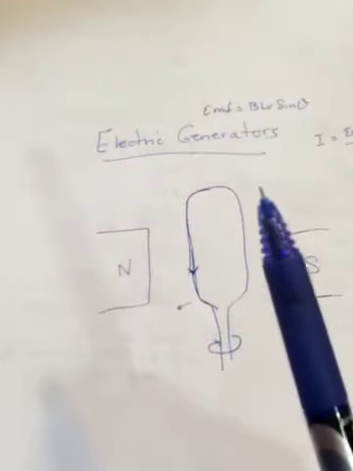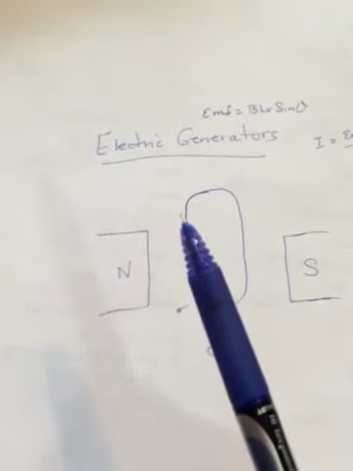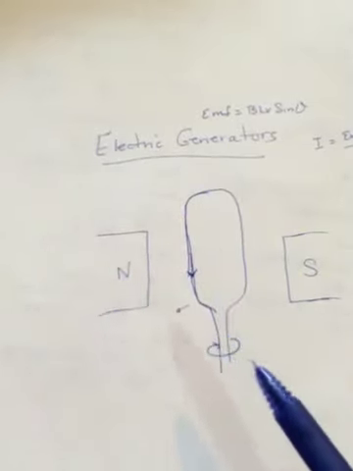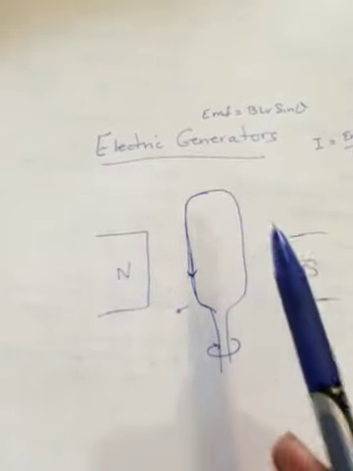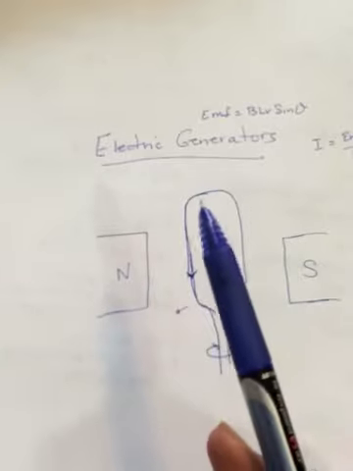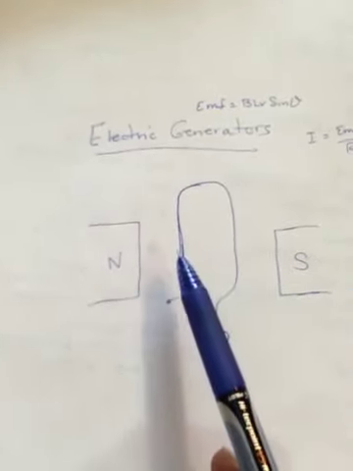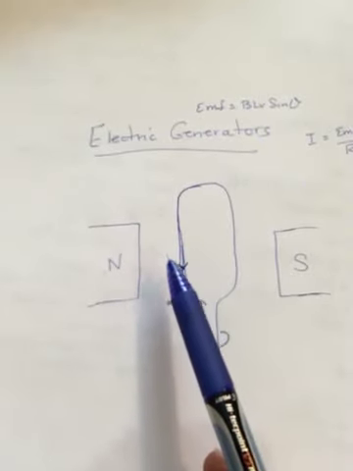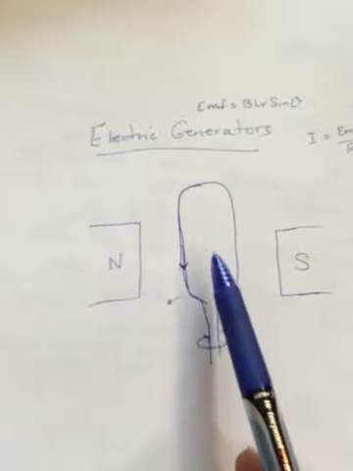Like, so we start at the top, and as it goes down, the field's getting stronger and stronger and stronger. So the current will be flowing towards us, like towards the bottom of the screen here. And as it hits directly between the poles, it'll be at its maximum. And then as it keeps going down to the bottom, it'll get weaker again, but still flowing in the same direction.